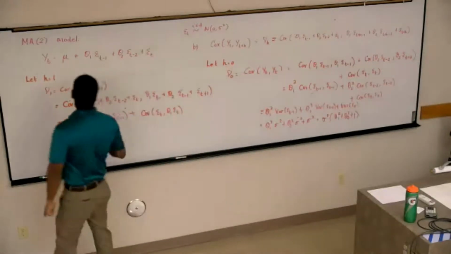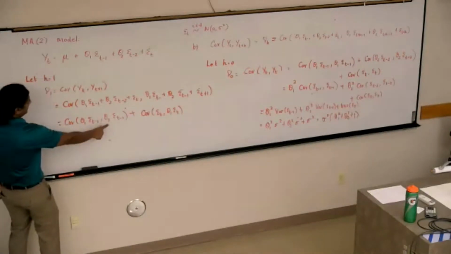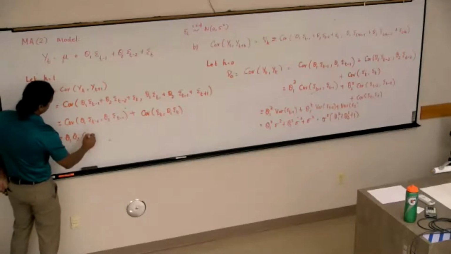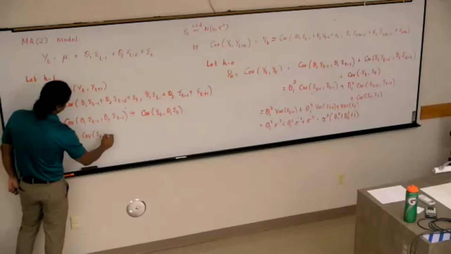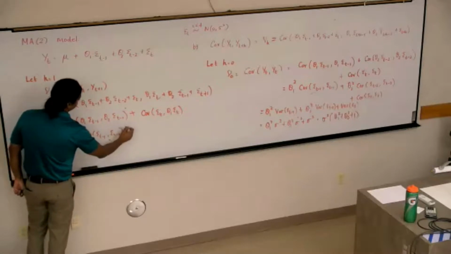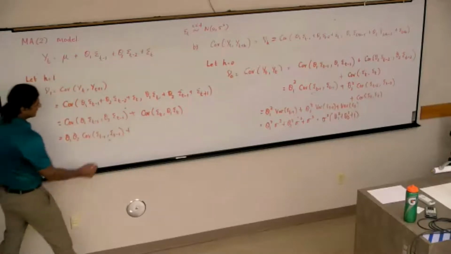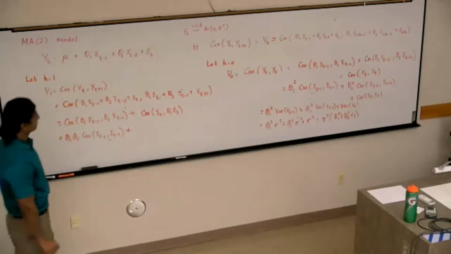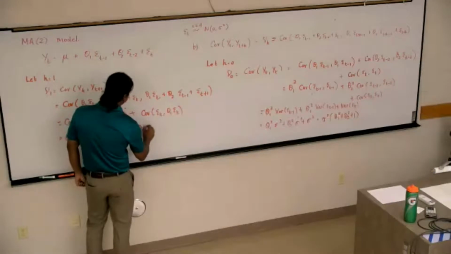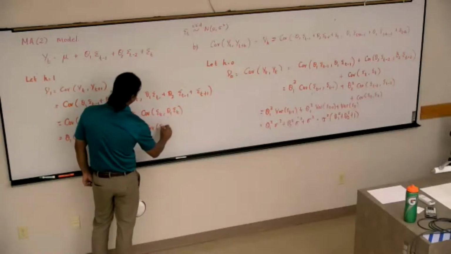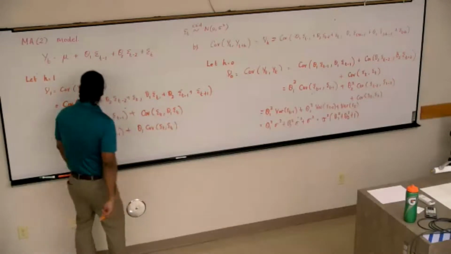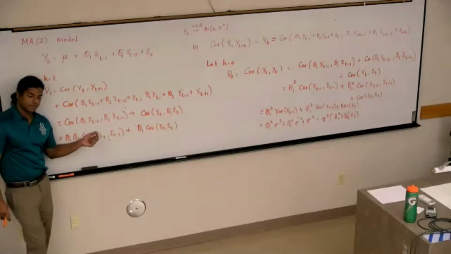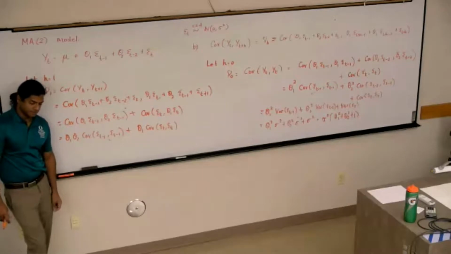Well, I've got to pull theta 1 out, then theta 2 out, so theta 1, theta 2, covariance of epsilon t minus 1, epsilon t minus 1. What about the next term? Theta 1, covariance of epsilon t, epsilon t. What is covariance of epsilon t minus 1, epsilon t minus 1?